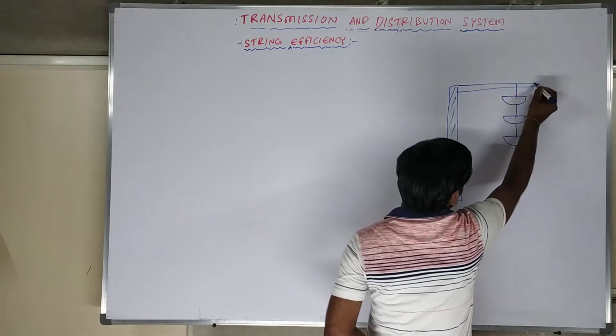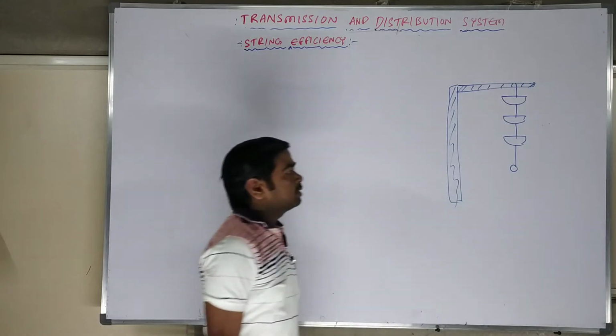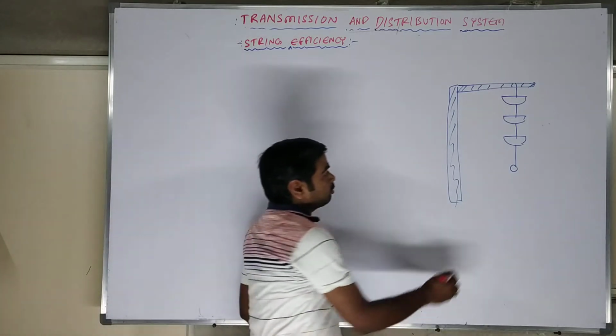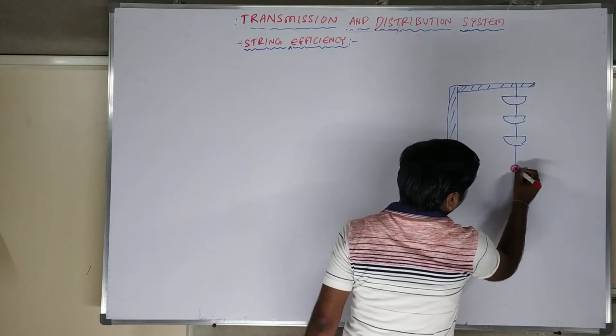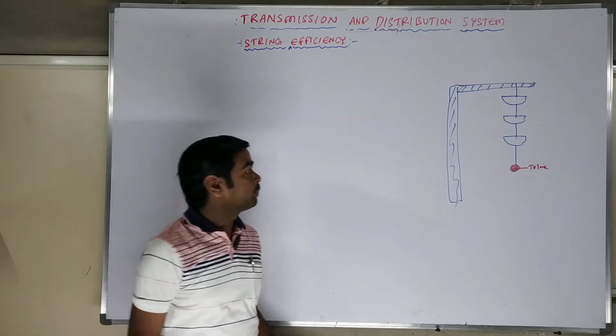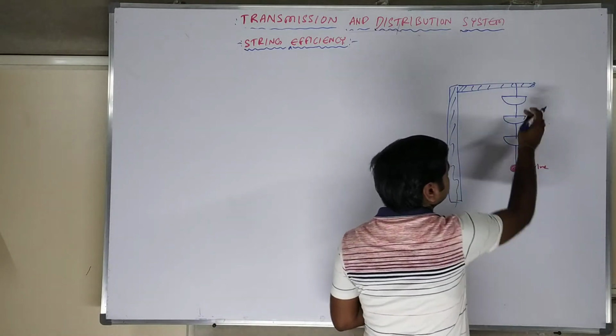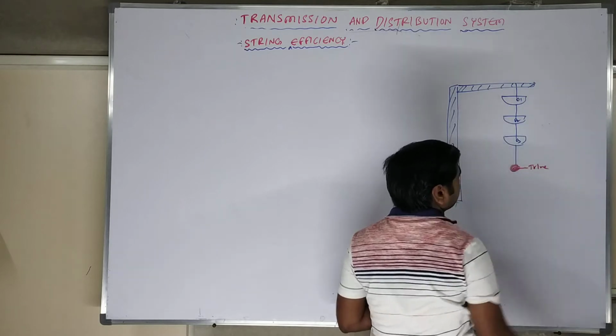The pole has a cross arm. These are the connected discs: disc 1, disc 2, disc 3. This is your power conductor connection, and this is our transmission line. So this is disc 1, disc 2, disc 3.